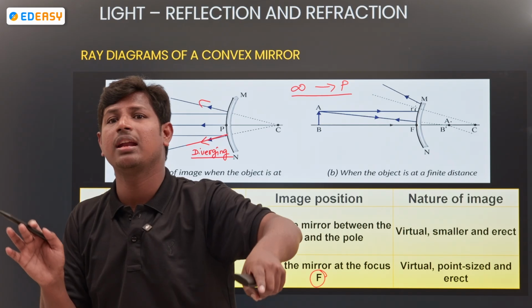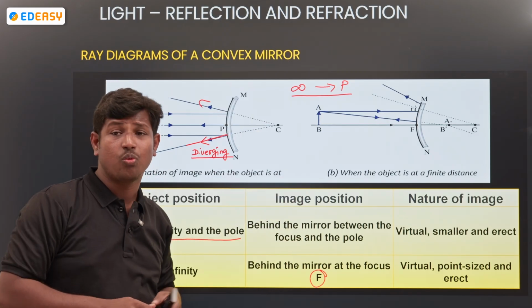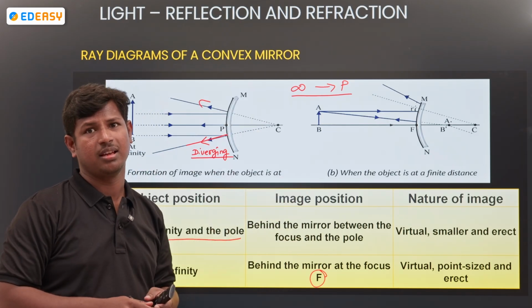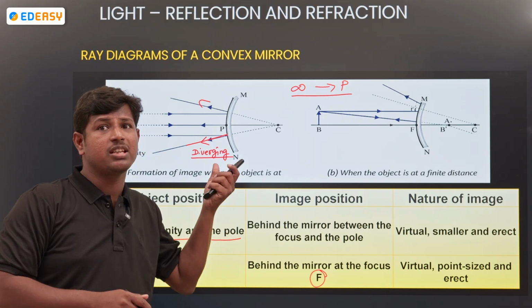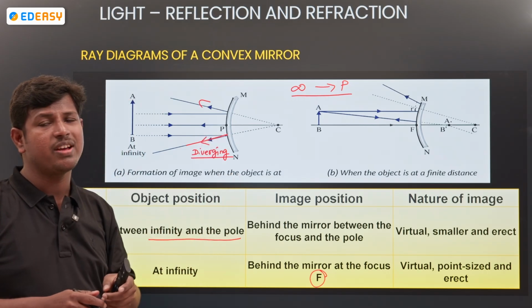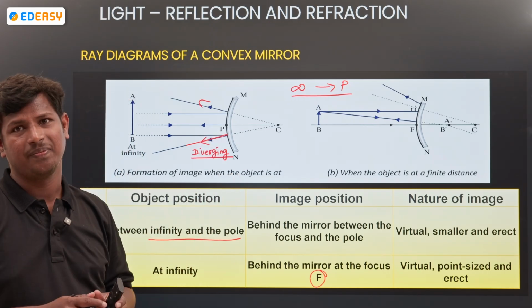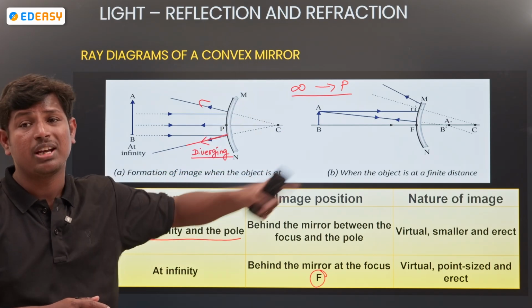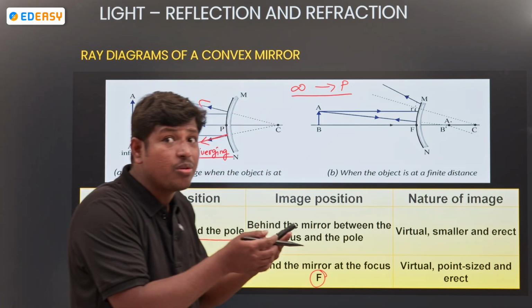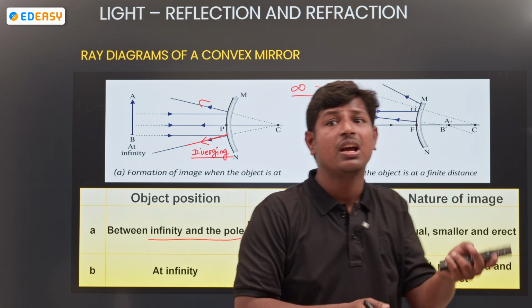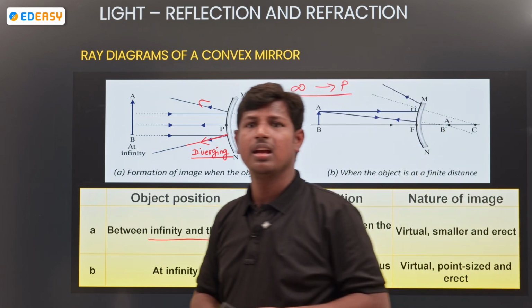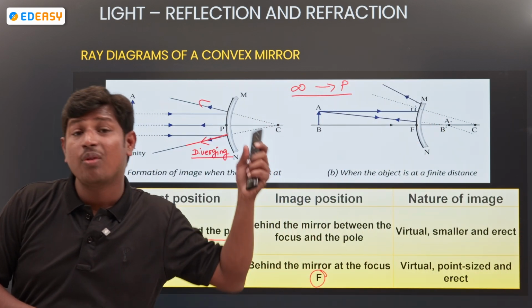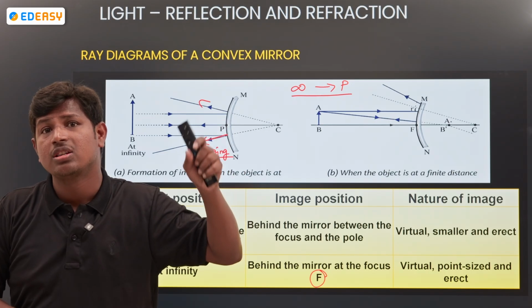And coming to the nature of the image, which mirror is it? Convex mirror. What is another name of the convex mirror? Diverging mirror. Diverging mirror means the light rays appear to meet at a point. If light rays appear to meet, which image will you get? Virtual image. And the size of the image?